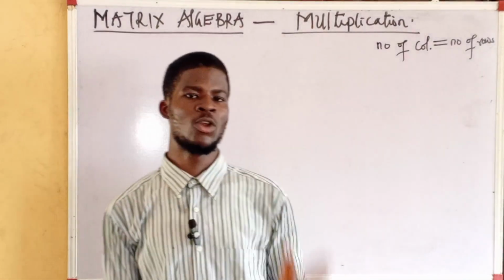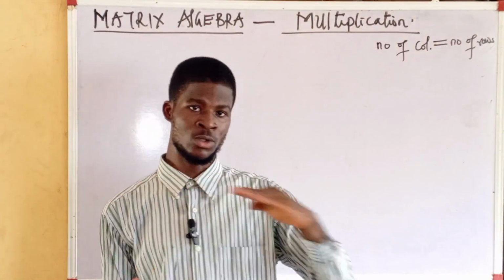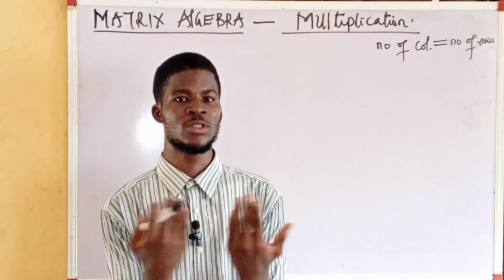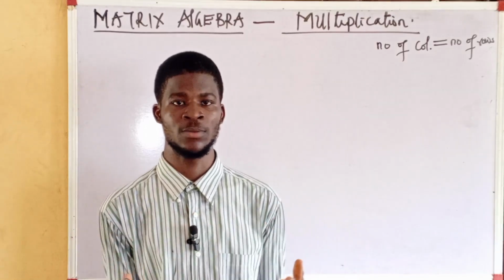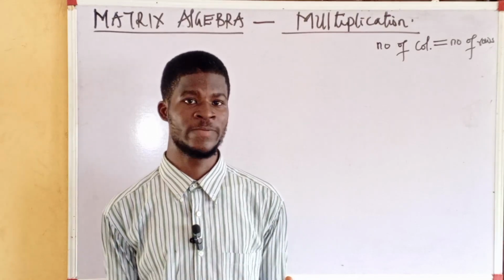If so, we say that these two matrices are conformable for multiplication. Or else, multiplication is not defined for the matrices.